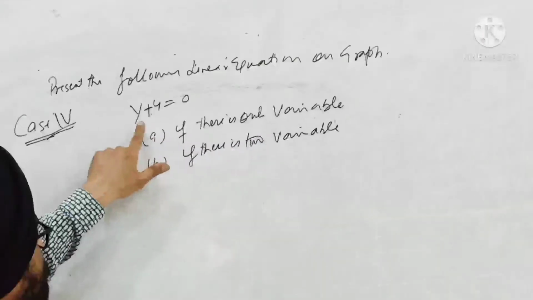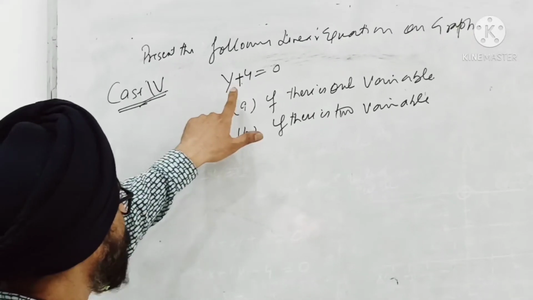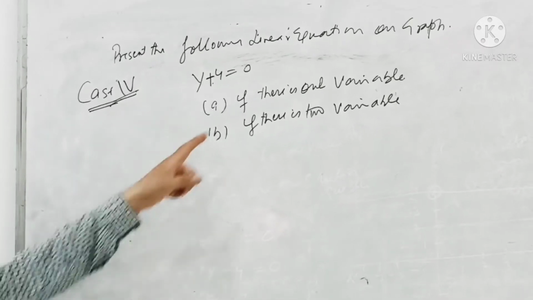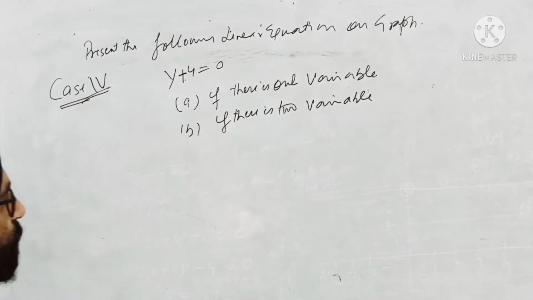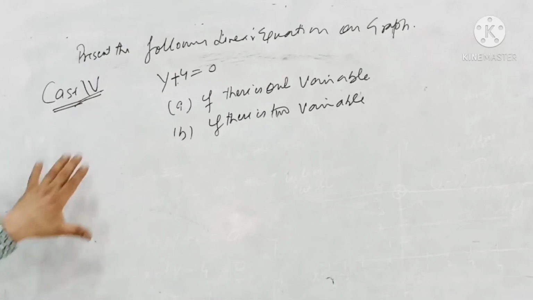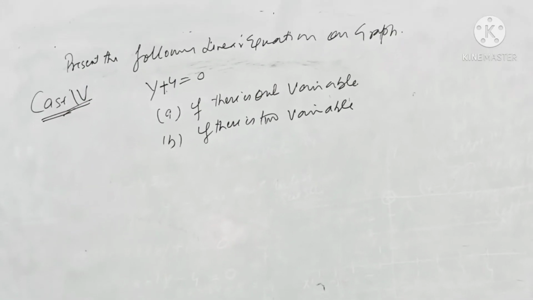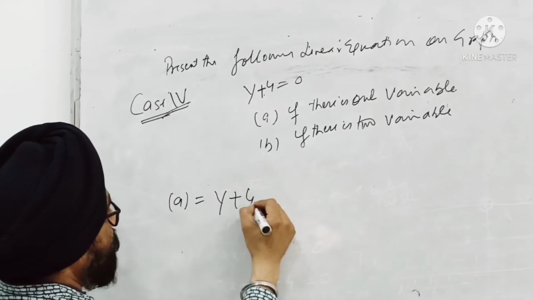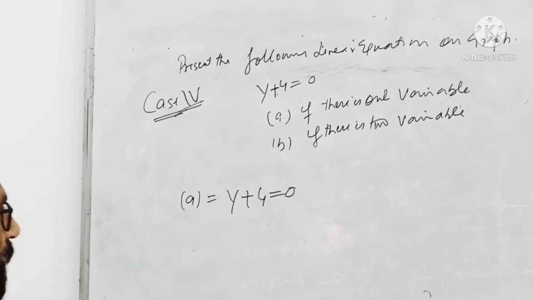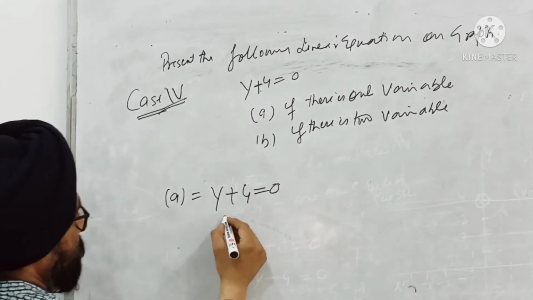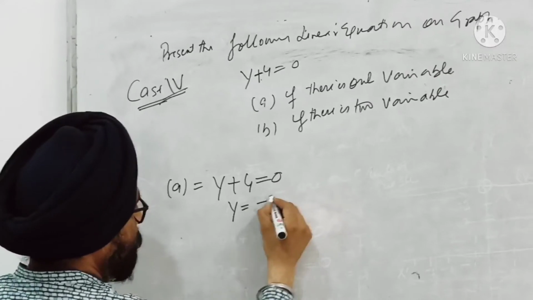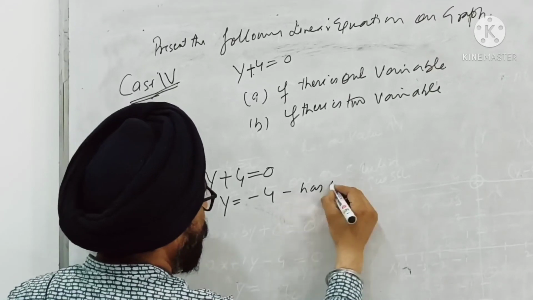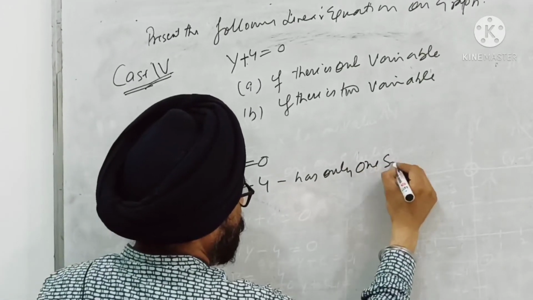Now in place of y minus 4, we will take y plus 4 is equal to 0. If we treat it as one variable, and if we treat it as two variables, how can you present this equation on the graph? First case, y plus 4 is equal to 0. If you treat it as one variable, y is equal to minus 4 has only one solution.